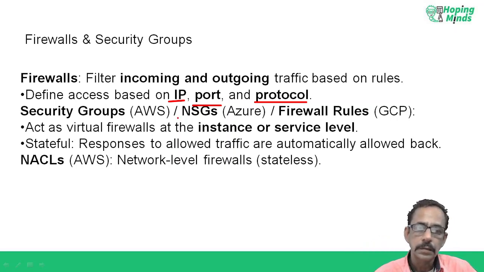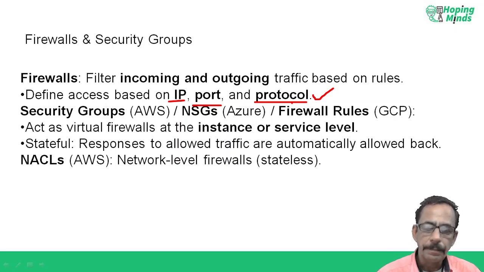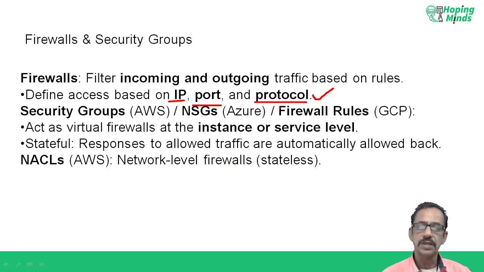Port number: if somebody wants to ping me, or use an FTP server or HTTP server, that is on the port basis. Protocol: from which protocol is traffic allowed? Only HTTP and HTTPS are allowed, but telnet, ping, FTP are not allowed. So we can do the filtration on the basis of IP, port or protocol.